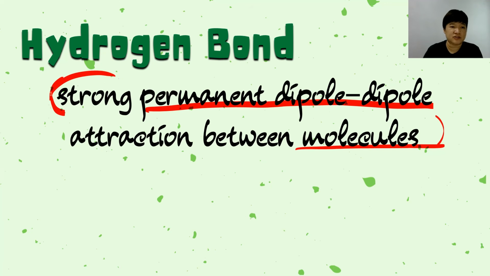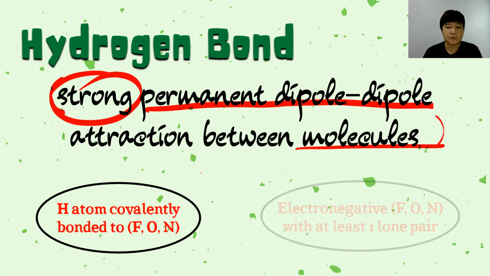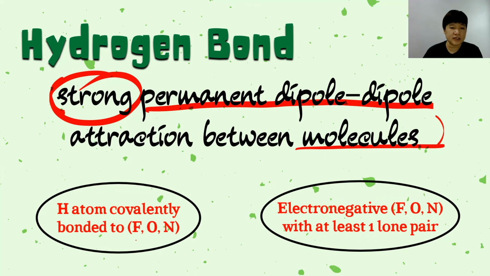Why am I having a strong permanent dipole over here? Because of the electronegativity. Hydrogen bond can be formed between molecules that have these two criteria. The hydrogen atom is covalently bonded to fluorine, oxygen, or nitrogen. For example, the water molecule.